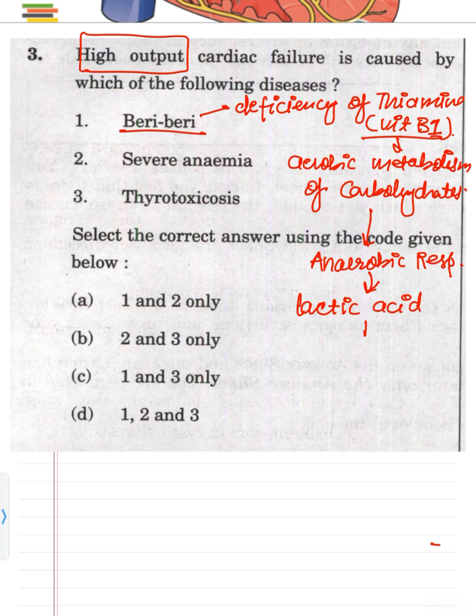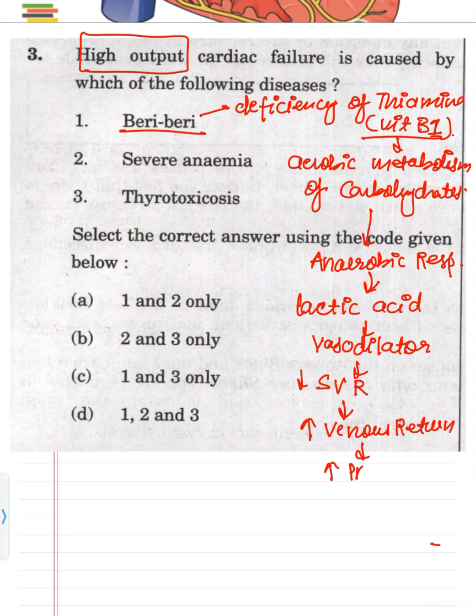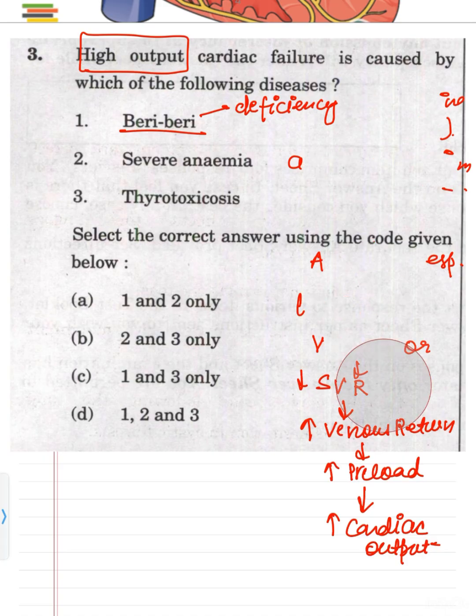Lactic acid is a vasodilator. Vasodilatation leads to a decrease in systemic vascular resistance, which leads to increased venous return. Increased venous return means preload will increase, which stretches the heart by the Frank-Starling law and leads to increased cardiac output. So the first is correct. This is high output cardiac failure.